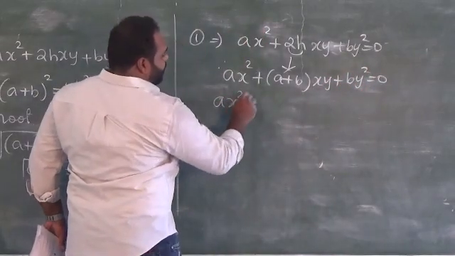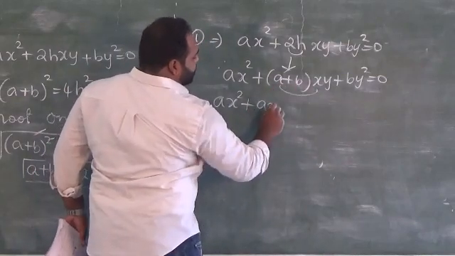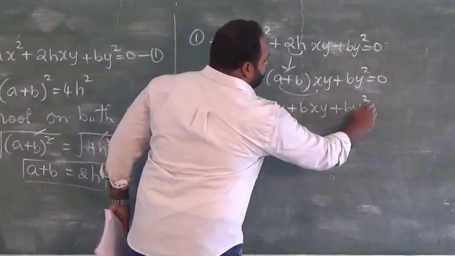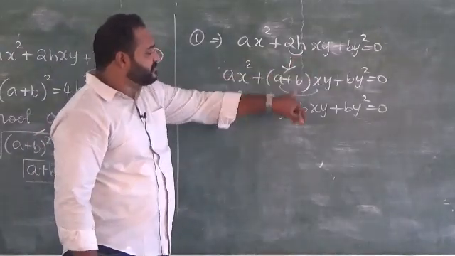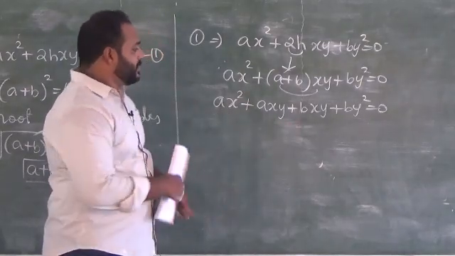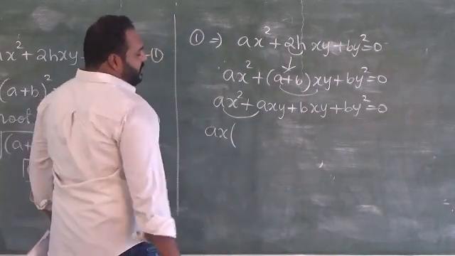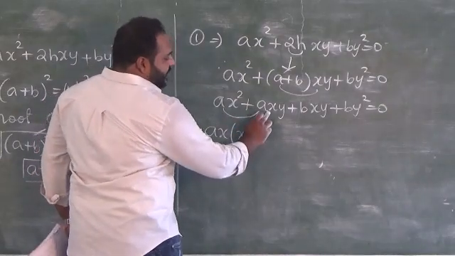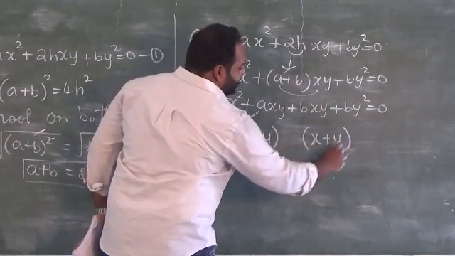So ax square, multiply the brackets, plus a into xy plus b into xy plus by square equal to 0. Here we have splitting this middle term. In these two terms I am going to take ax commonly outside. If I take ax outside, x remaining; if you take ax here, y remaining. The common factor is x plus y.